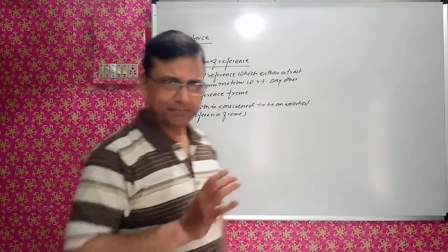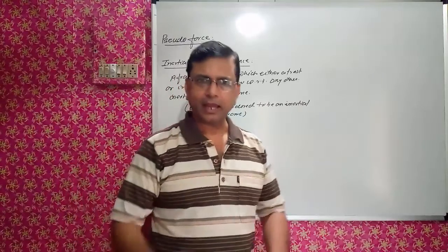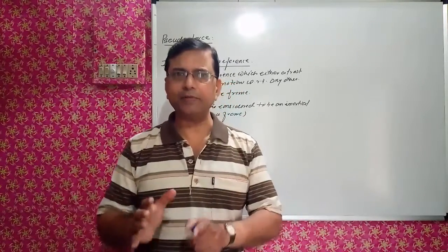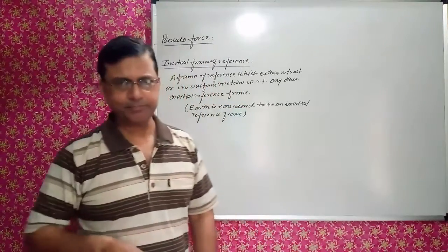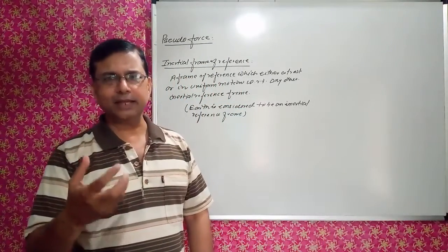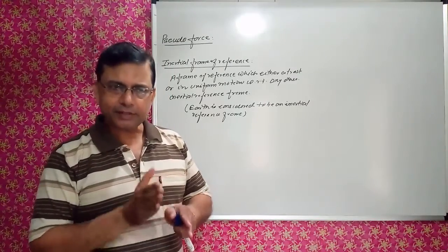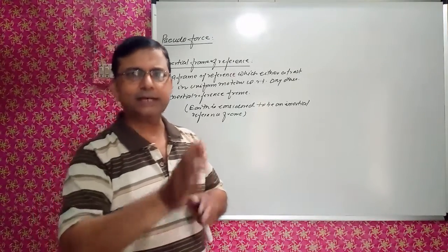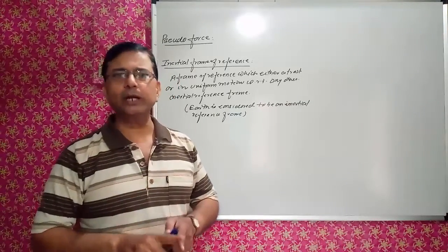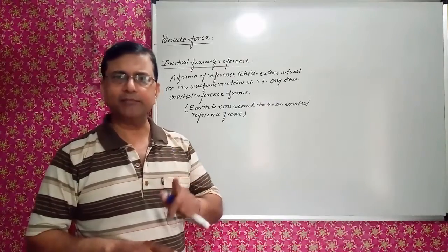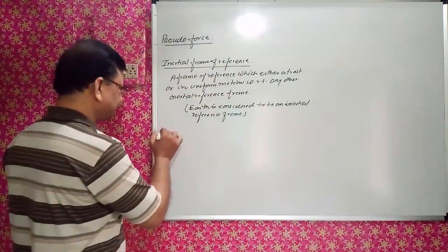If Earth is an inertial reference frame, then any other frame from where we observe the system that is at rest with respect to Earth is also an inertial frame. If that frame is moving with constant or uniform velocity, then also it is an inertial reference frame. And on the contrary, the non-inertial reference frame.